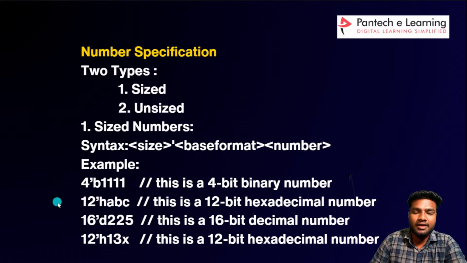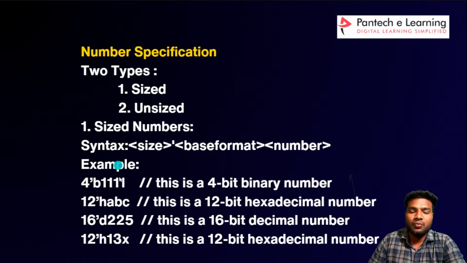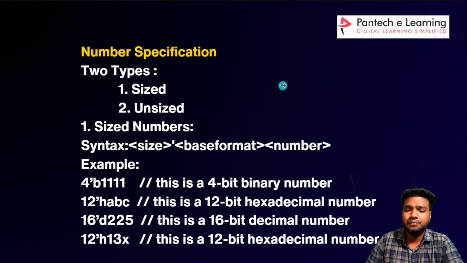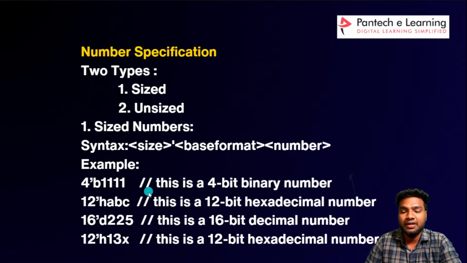If I write A equal to 4, tick, this symbol is known as tick, b 1111, then that particular variable A has four binary ones, 1111. This is the way of writing sized binary values for a particular variable.